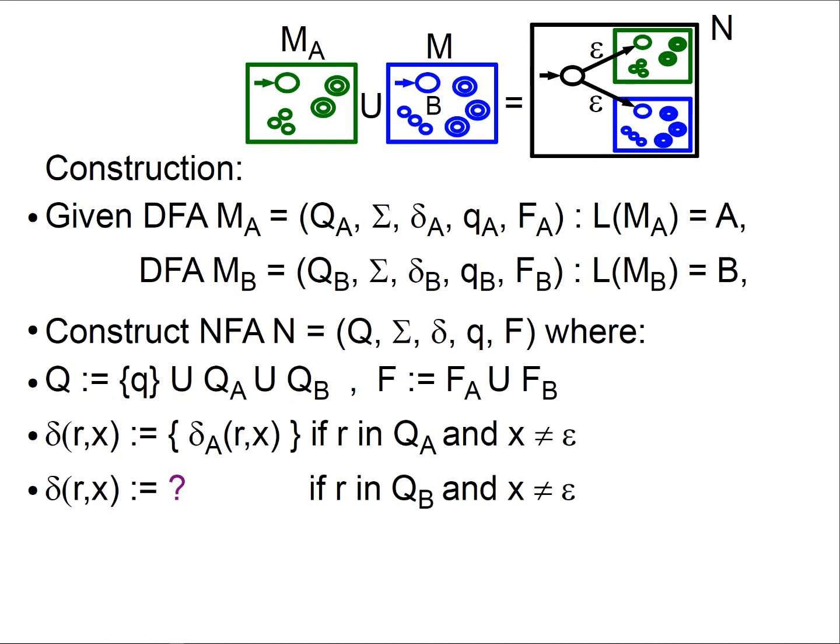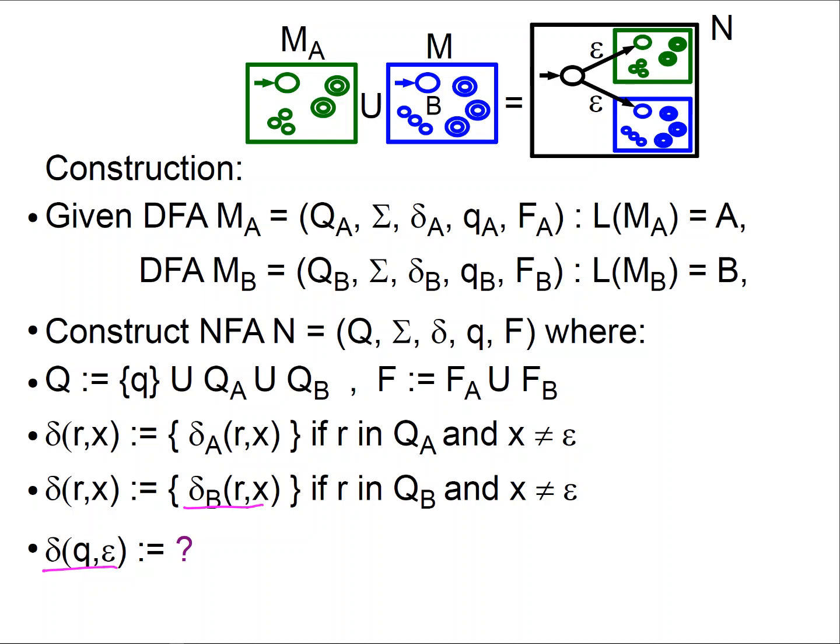And the transition function is what? Delta of r, x from some state r. Well, if r is inside QA, then you should be doing like MA, so I'm just going to do delta A of r, x. And if r is in QB, then what do you do? Well, you would just be doing delta B of r, x, the transition function of the DFA for B. And the new thing is what happens when you do an epsilon transition from q, right?